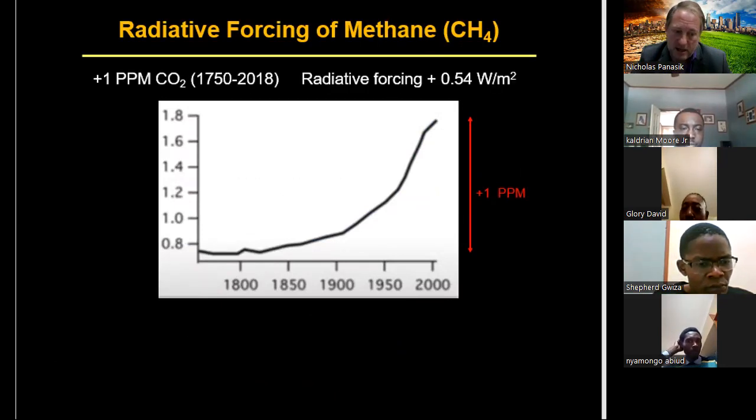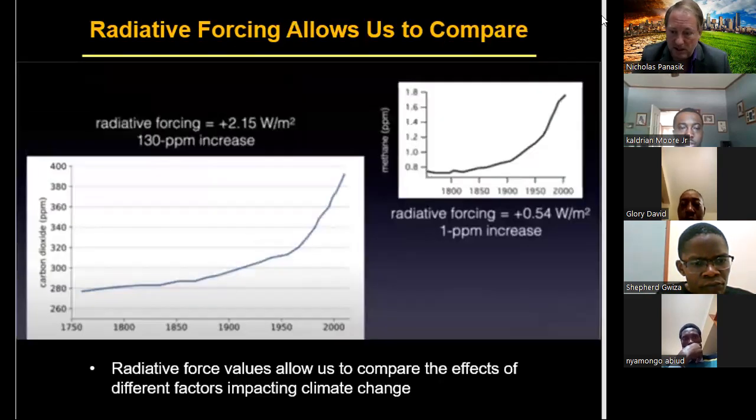And IPCC calculates that it gives you a radiative forcing of about 0.54 watts per meter squared. So now you've got a way to compare what CO2 is doing to what methane is doing with quantifying numbers. Okay. So it allows us to compare these two.